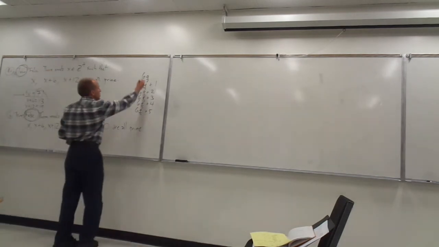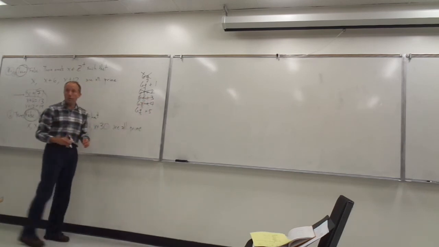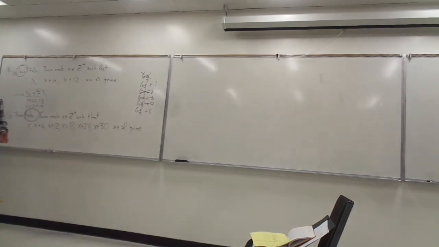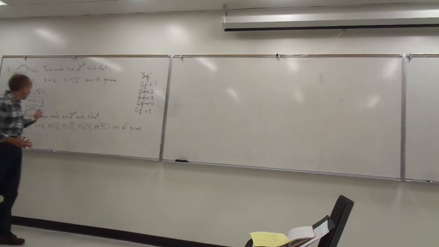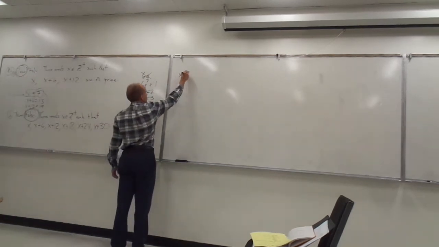However, this is not a prime, and neither is this, and neither is this. So if we assumed by way of contradiction that there was an x such that all of these were prime, we could take the first case.